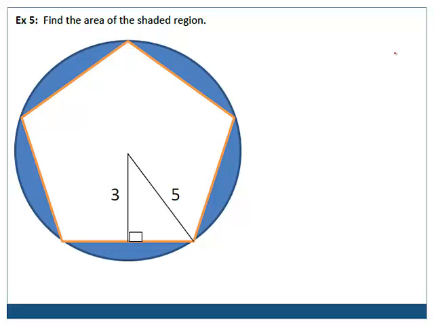Okay, for this one, I noticed this is a regular polygon. We have 4, because that's what the Pythagorean theorem is going to give us. This is a complicated region because we're trying to find the area of the shaded region. So I have to take the area of the circle, which is pi times your radius, 5, quantity squared, and subtract the area of the polygon, which is 1/2 your apothem, which they give us as 3, times your perimeter.